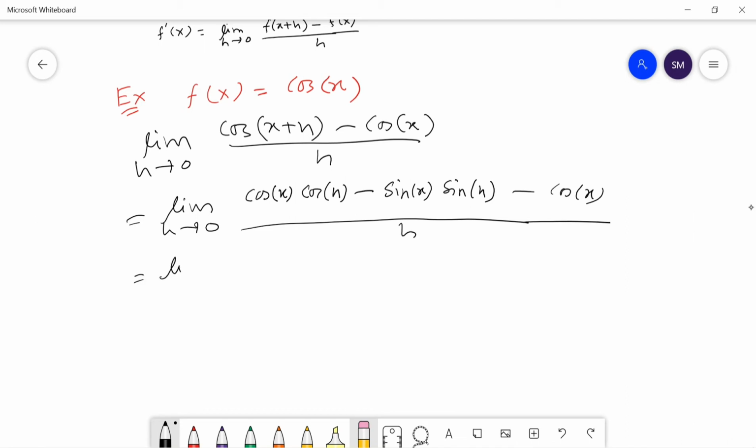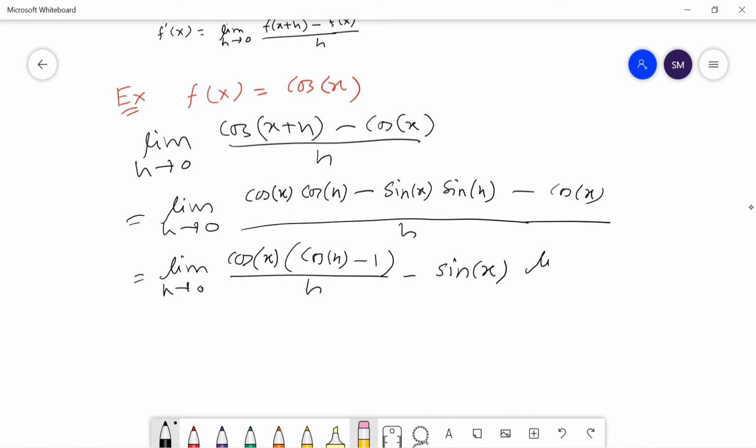So this is equal to limit h tends to 0 of cosine x, and then cosine h minus 1 over h, minus sin x, and then limit h tends to 0 of sin h over h.